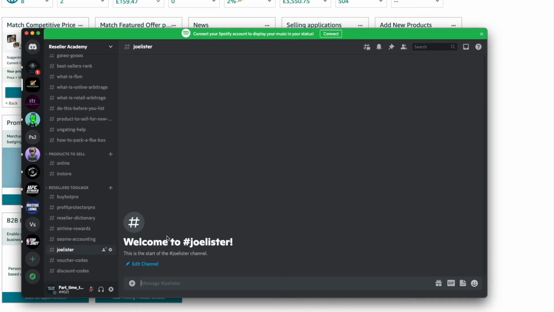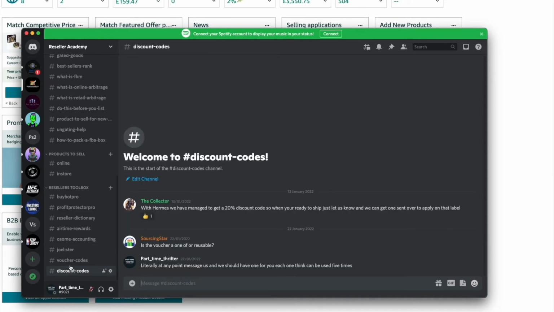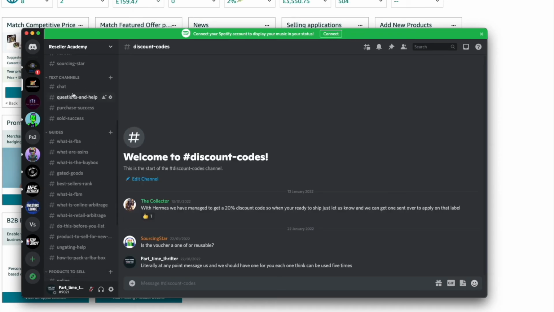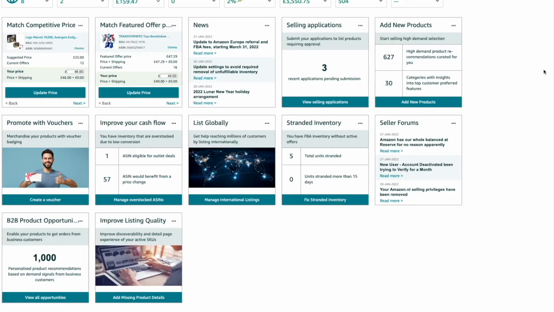Joe Lister, I don't think you need it yet, but at the moment it allows me to cross-list between Amazon and eBay. Further forward, we're going to be talking about it. If you want any discount vouchers, we've both got Unity's account, so we can sort that out for you fairly easily. But yeah, that's what we've got on Discord.